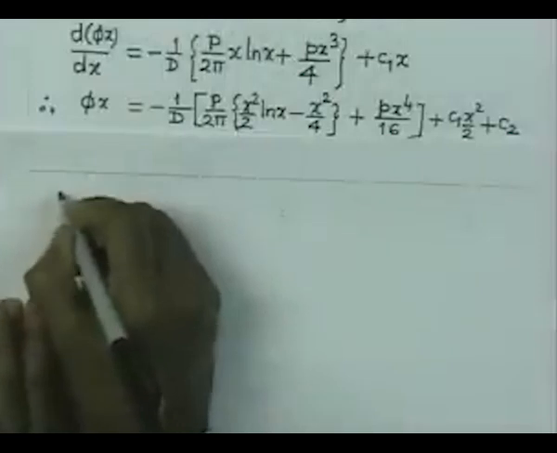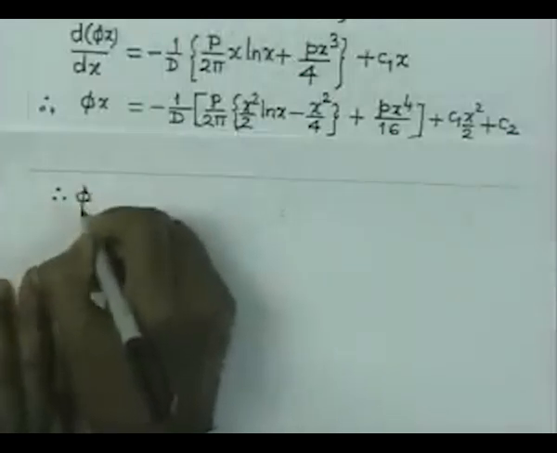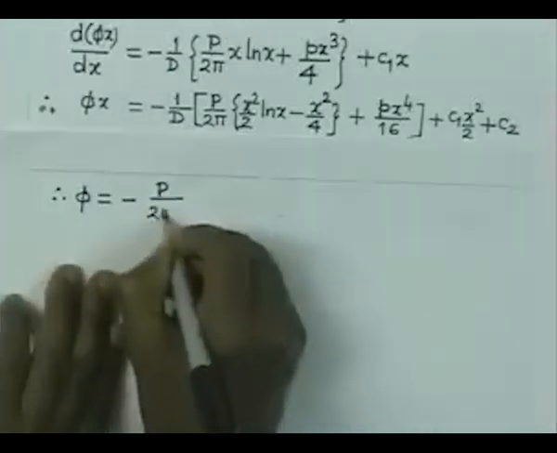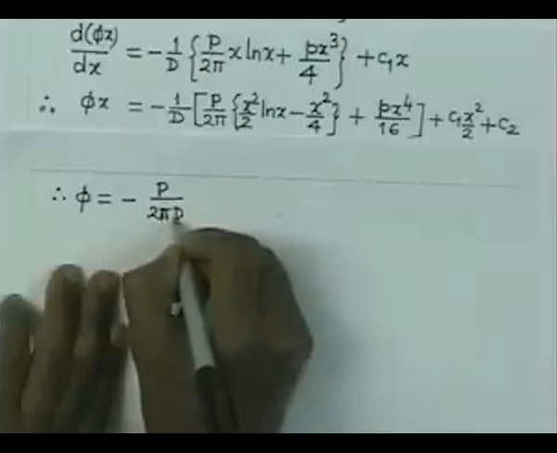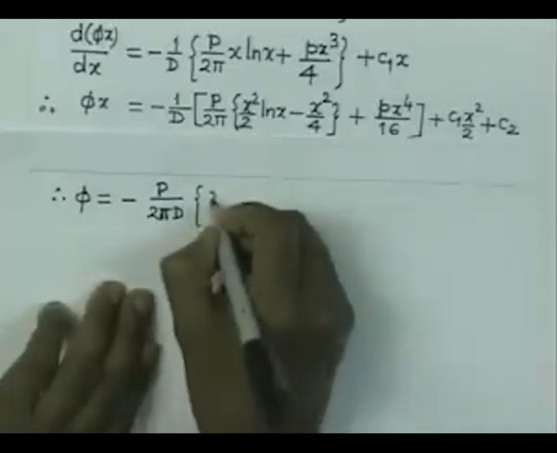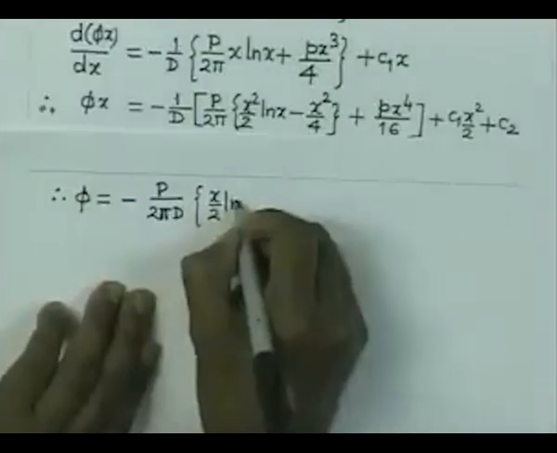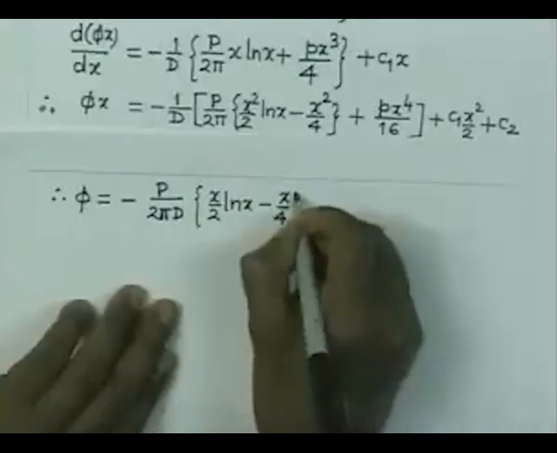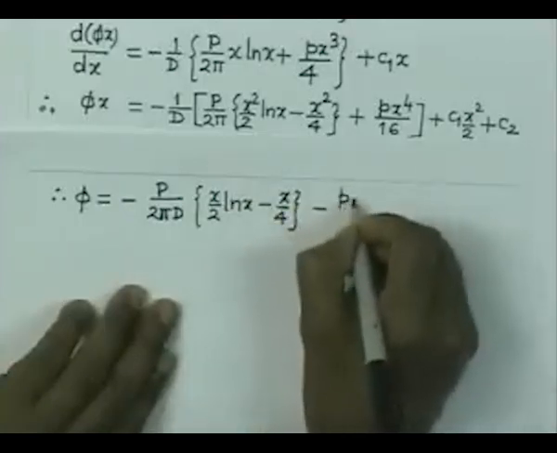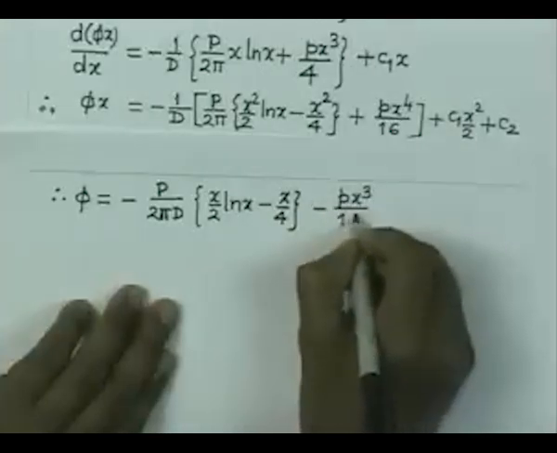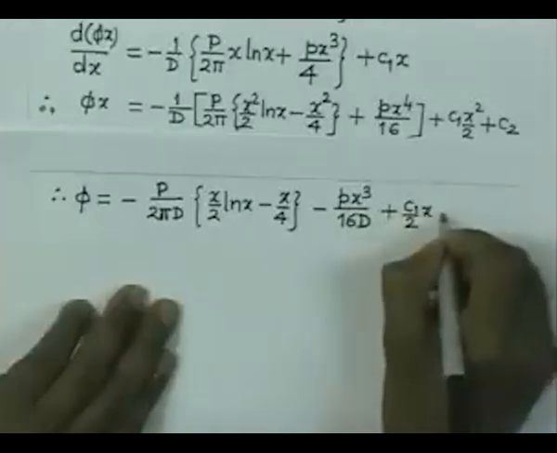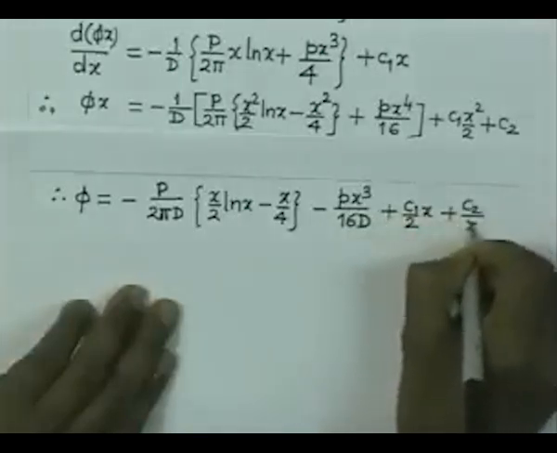So, if we now write finally phi is P by 2 pi D, we have x by 2 ln x minus x by 4 minus P x cube by 16 D plus C1 by 2x plus C2 by x.